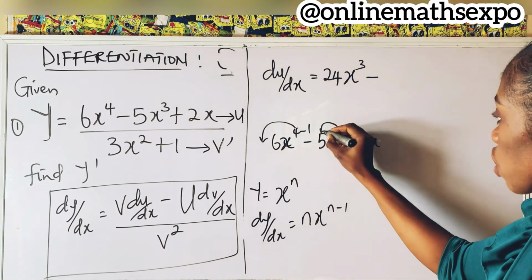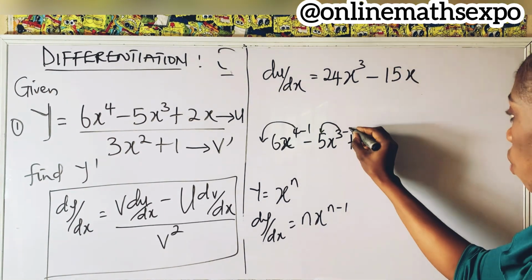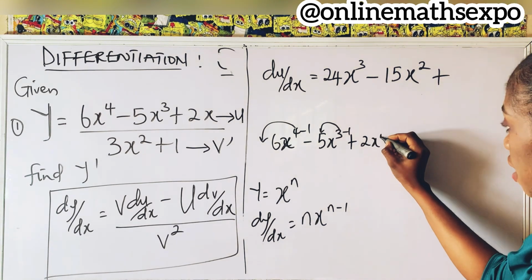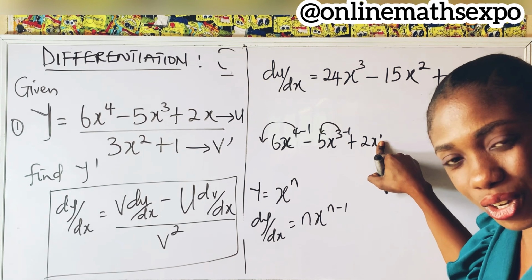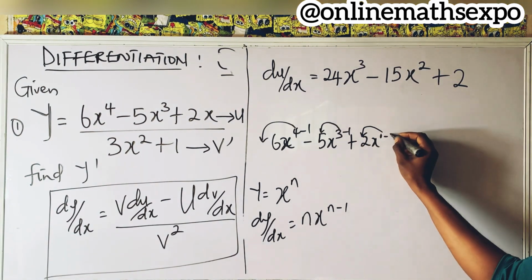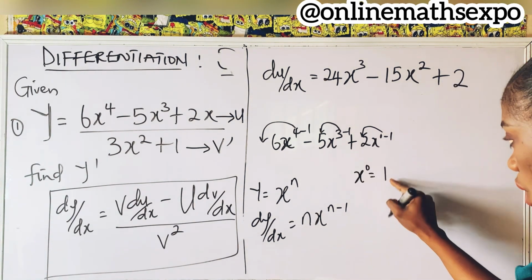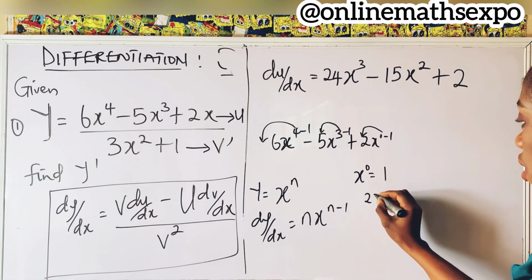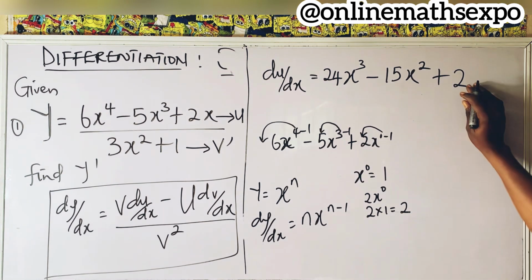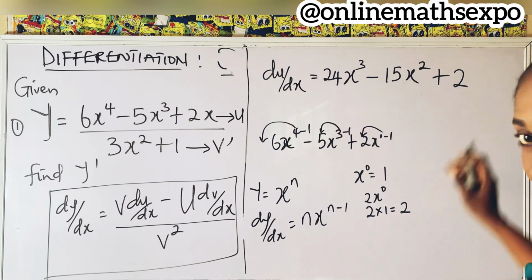Minus, use the power to multiply, gives us 15x, take 1, it becomes 2. Plus, there's a power of 1 here, according to your indices. Use it to multiply, it becomes 2. If you take 1 from the power, it becomes 0, and x to the power of 0 is 1. So 2x raised to power 0 means 2 times 1, which gives us 2. So for our du/dx, this is our answer: 24x cubed minus 15x squared plus 2.